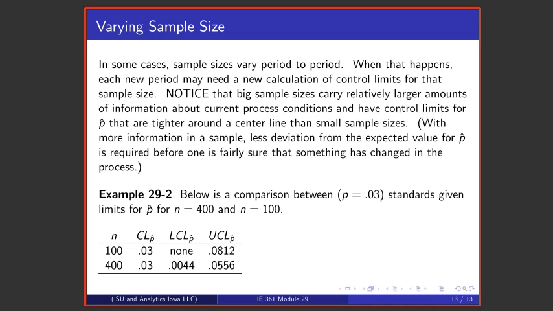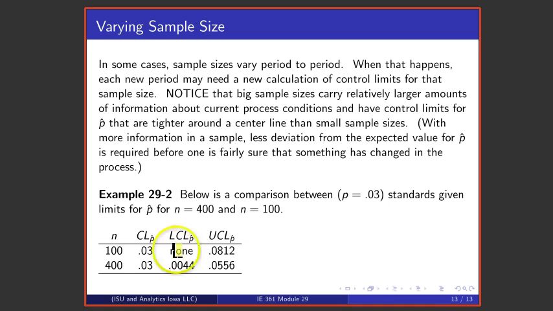A slightly counterintuitive, but not really counterintuitive, truth is that large sample sizes for a p-chart produce control limits that are tight around the center line. So the more informative that a sample is, the less variation that one allows in p-hat before one says, oh, not at a standard value.